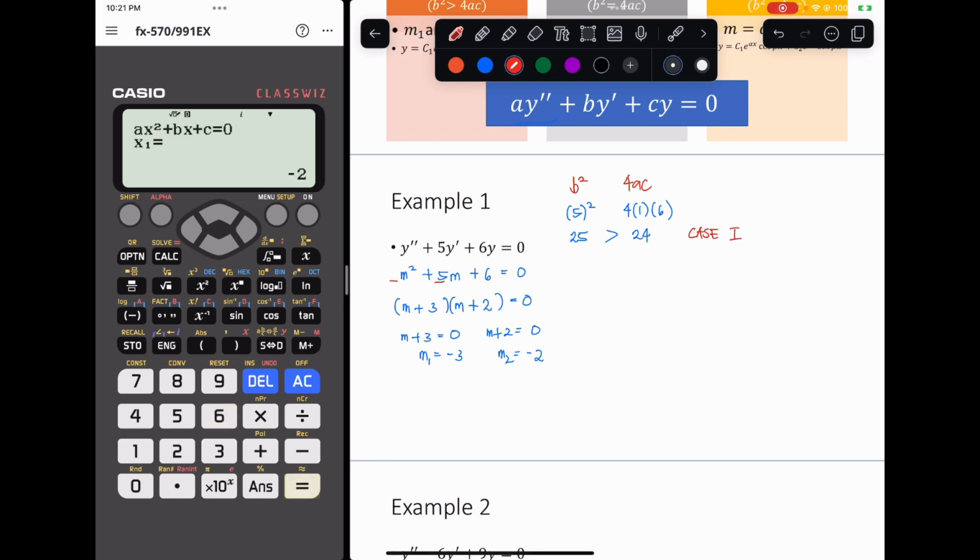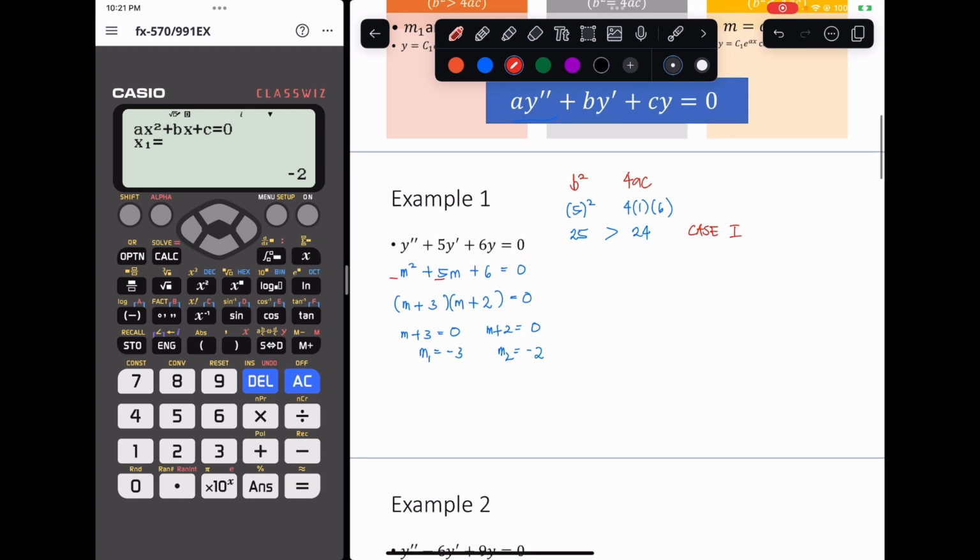And from there, it would show x1, they are just interchanged, which is negative 2, and another press of the equal sign gives negative 3. So which makes it correct. Okay, so negative 2 and negative 3.